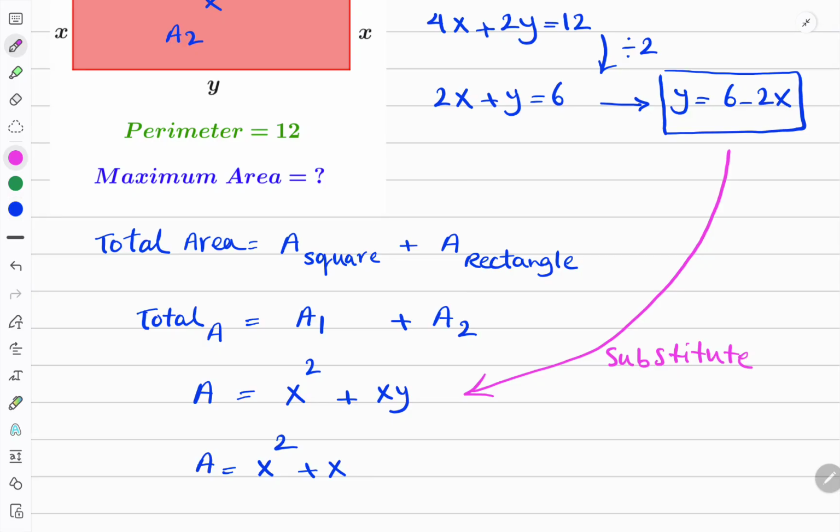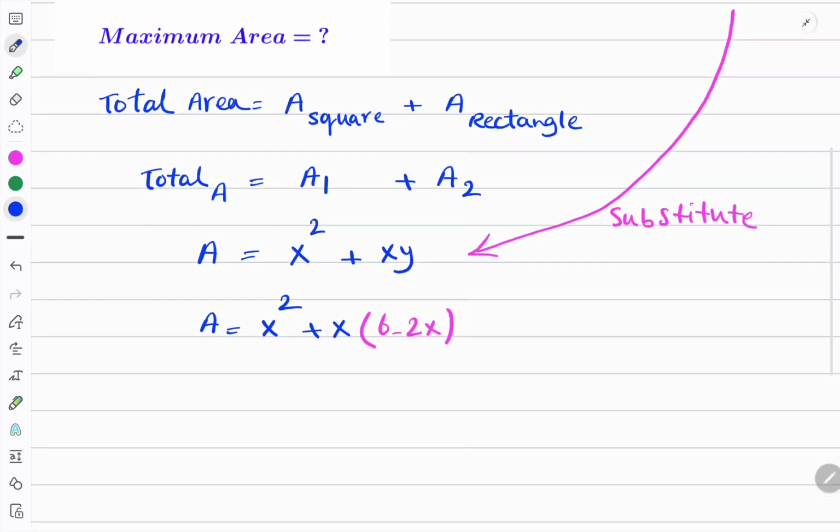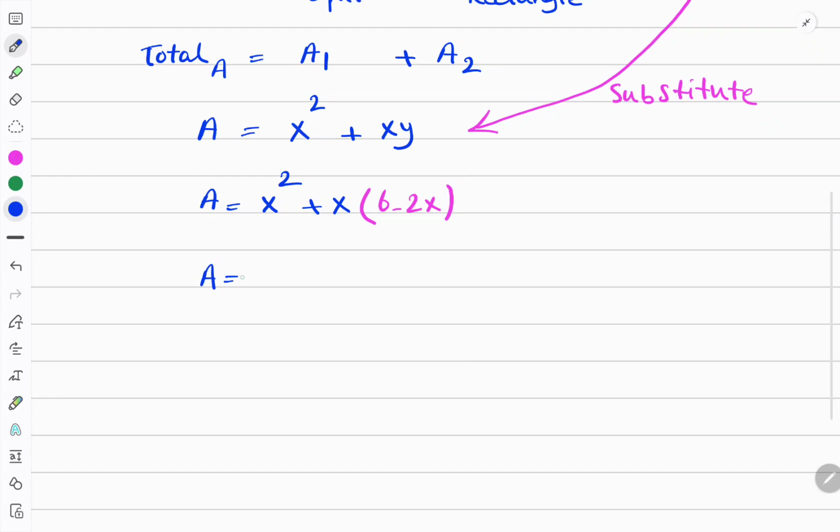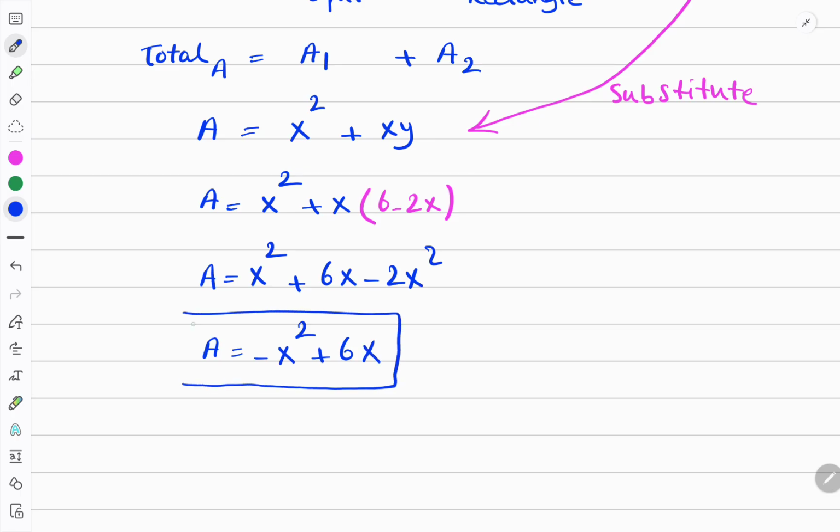Instead of y, I'm going to write 6 minus 2x. Now I'm going to simplify this equation: x squared plus 6x minus 2x squared, and collect like terms. x squared minus 2x squared is minus x squared, plus 6x. This is the equation for the area of the figure.